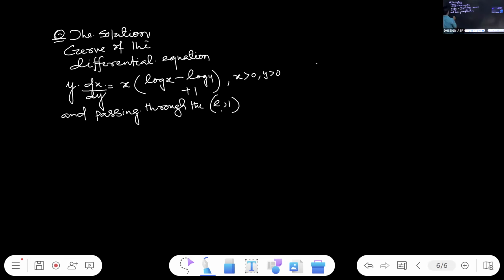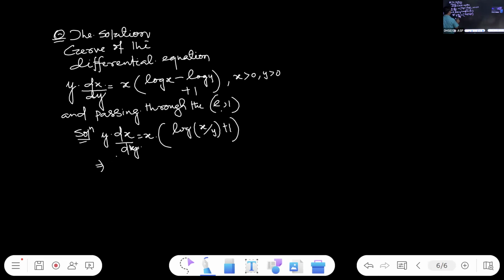So y into dx upon dy is equal to x into log x minus log y, that is log of x by y, plus 1.